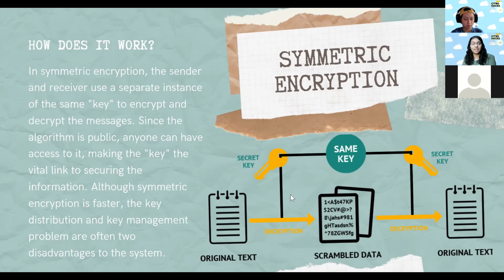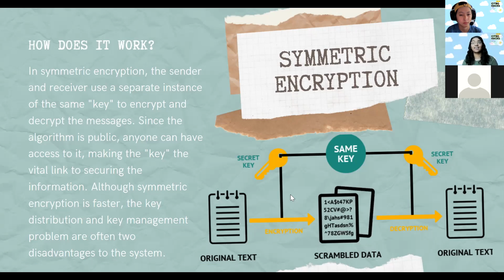What they mean by key distribution and key management is that since that key is kept private, if you're trying, for example, to send a specific email to a wide range of people, right? If I'm sending it to 3 different people, then I will need to generate 3 different keys to ensure that my information to each recipient is kept secure.